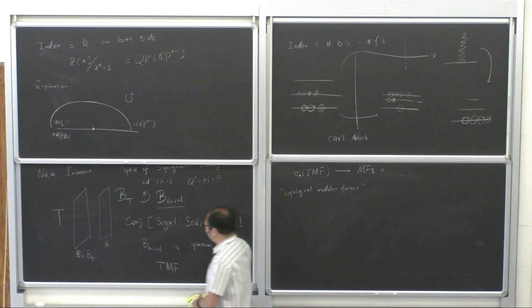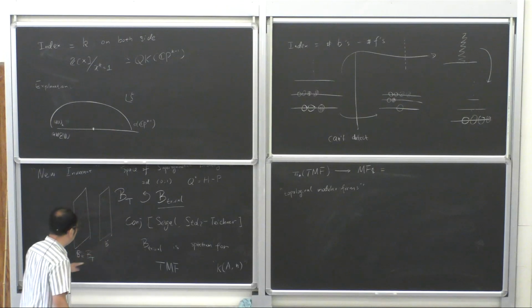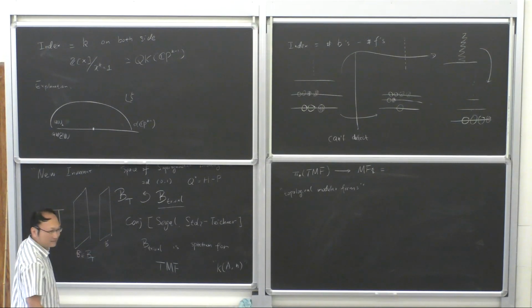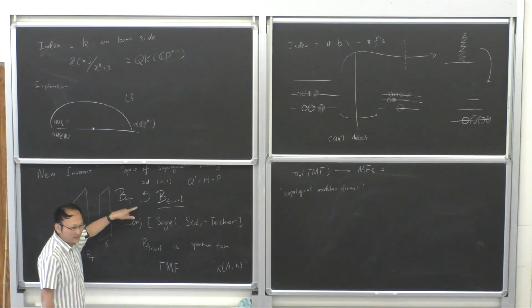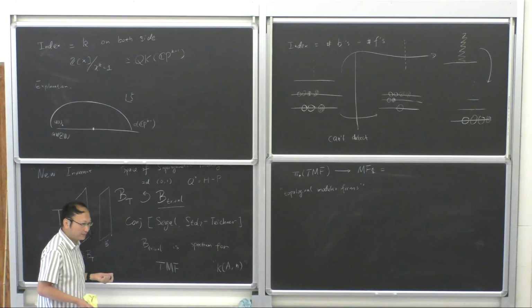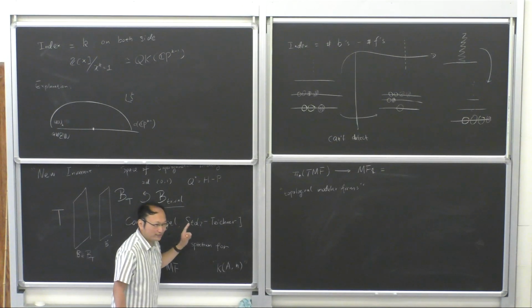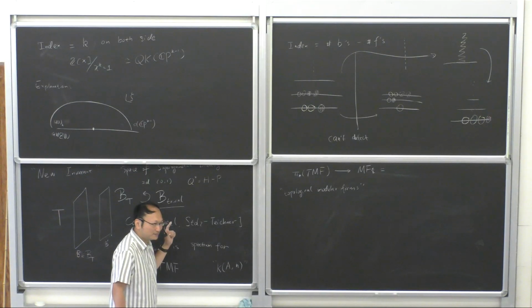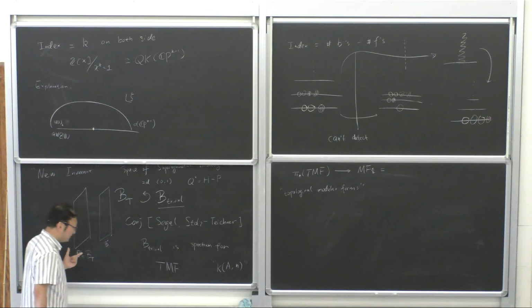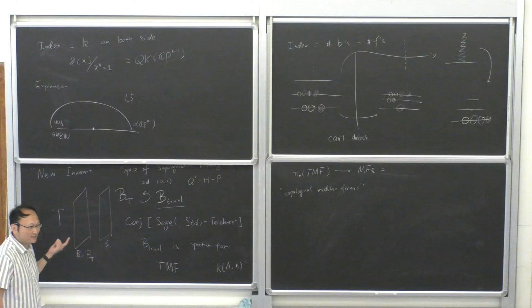So I take a three-dimensional theory T. BT is a space of supersymmetric boundary conditions. Then I can take T to be a trivial theory. What's a boundary condition of a trivial theory? That's just a 2D theory by itself.